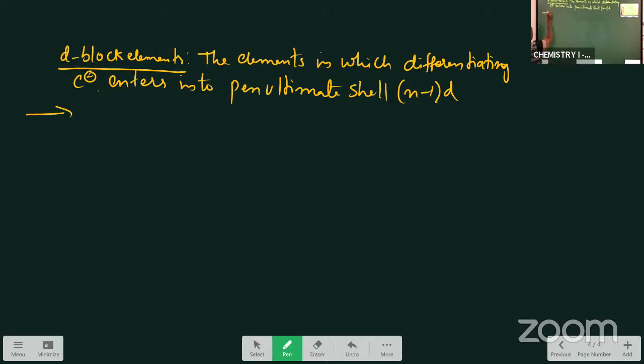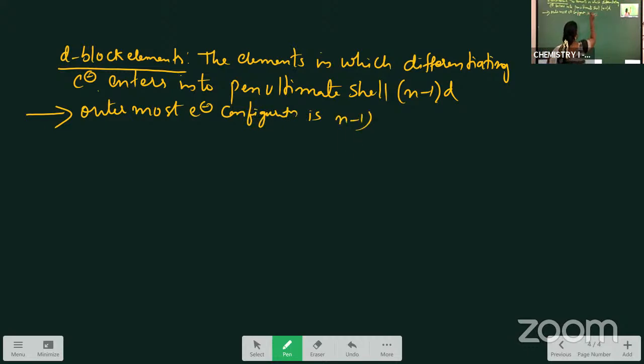Now, what is the second point? Electronic configuration. What is the outermost electronic configuration? The outermost electronic configuration is N-1d 1 to 10, Ns 1 to 10.